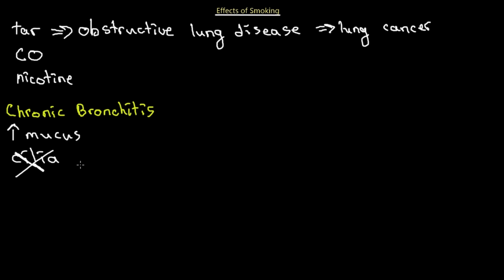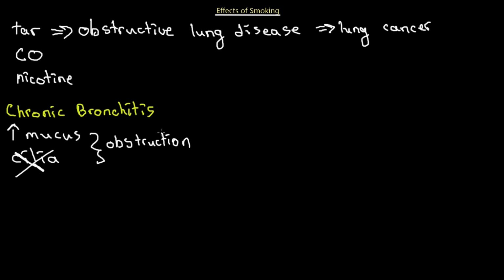However, when tar destroys the cilia, there's going to be no cleaning action. And when there's no cleaning action and an increased production of mucus, you're going to have mucus accumulating in the bronchioles, and the smallest bronchioles become obstructed. So this leads to obstruction.